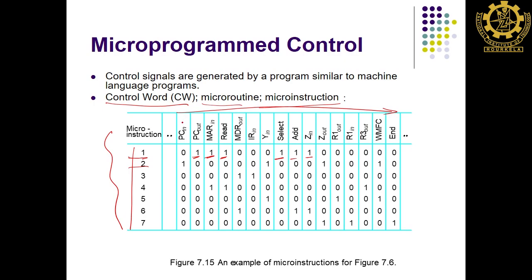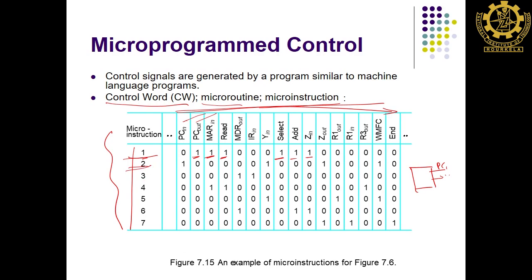Let us say these are all our signals: PC in is a line, PC out is another line and so on. Whatever signals are available you put them here, and when it is required you put 1. For any instruction, the first step you read this one, for the next step you read this one, and so on.